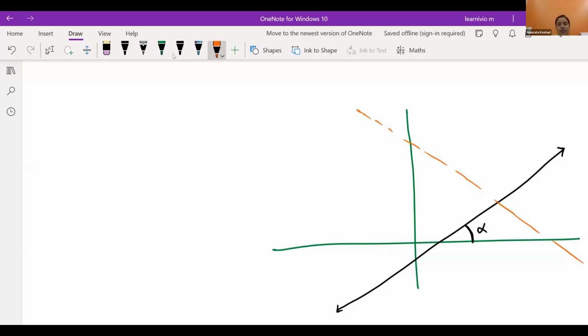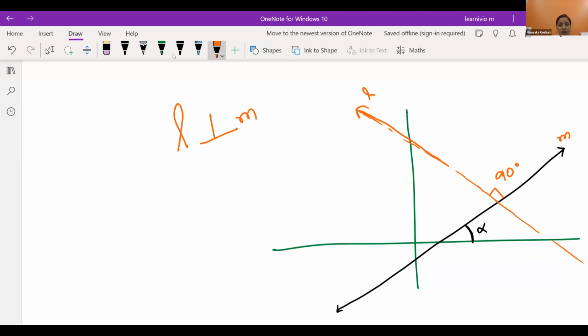Okay, this orange color line is perpendicular to the black one. Suppose I am saying this orange one is line L and the black one is M. One thing we know for sure, this L is perpendicular to M, and we are just trying to check what is the relation between the slopes.